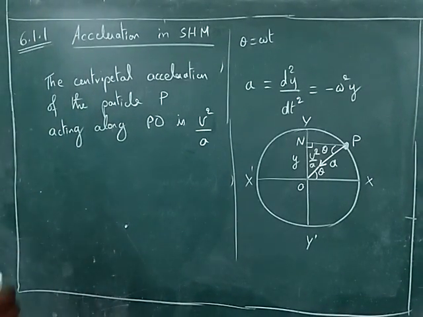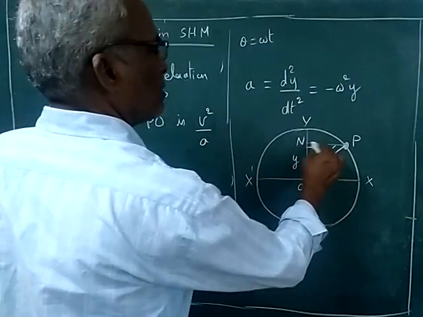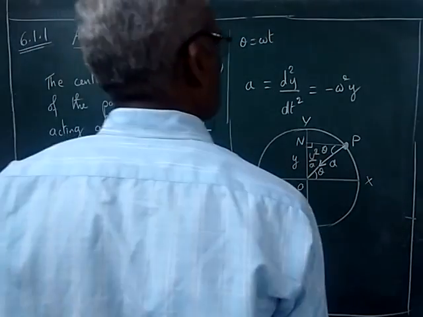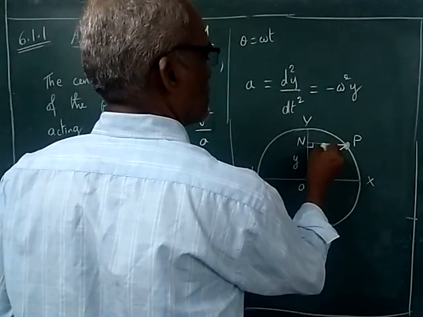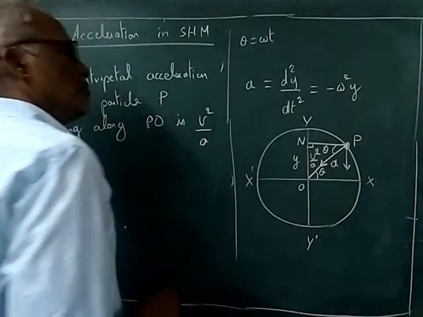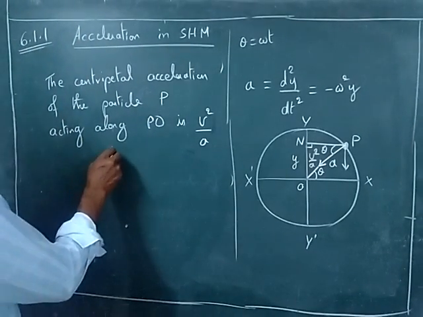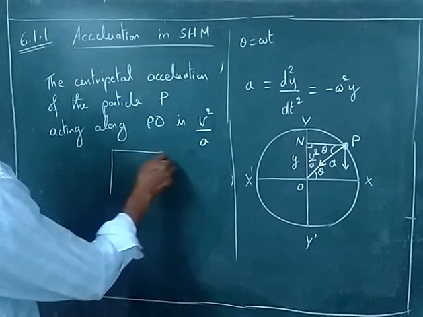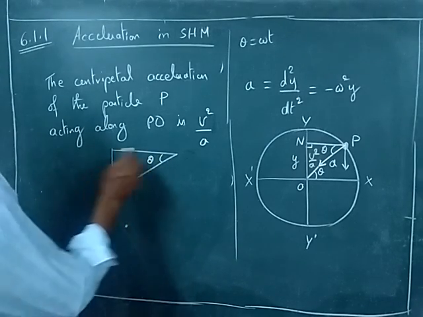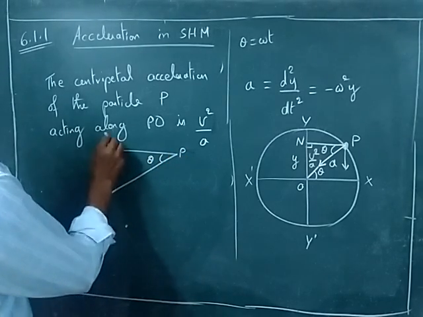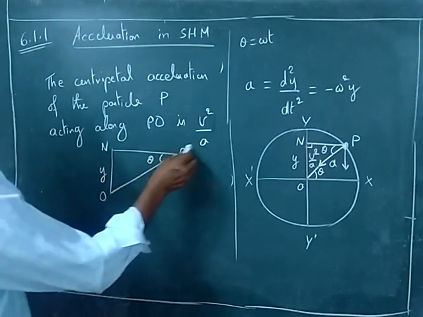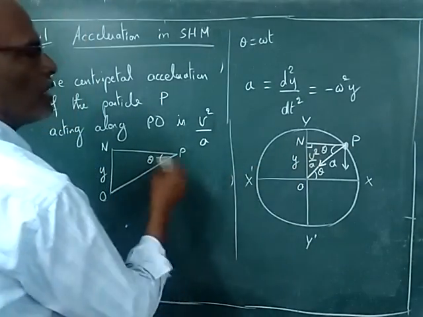Now we will consider this triangle and try to resolve the horizontal and vertical components. So this is horizontal component and this is vertical component. So the diagram is redrawn here. So this is theta, this is P, N, this is O, this is Y, and this length PO.